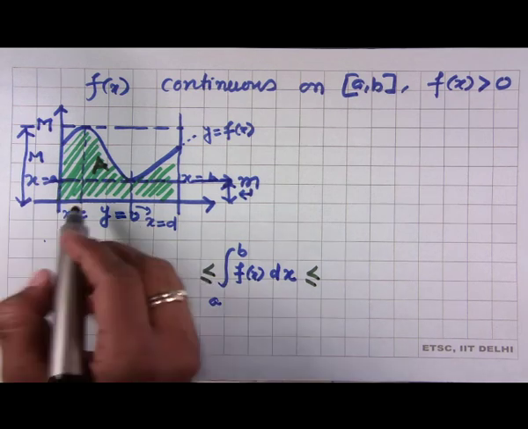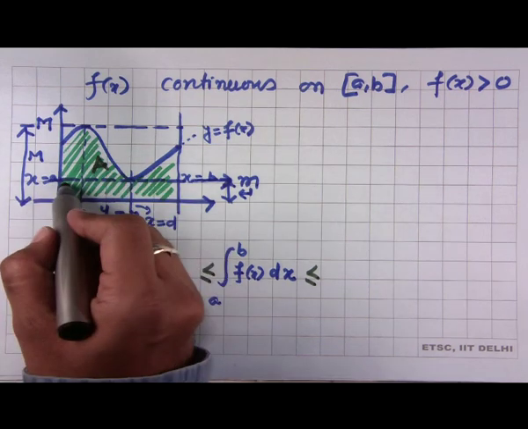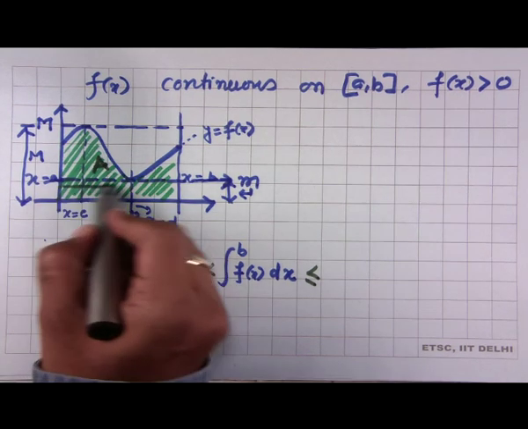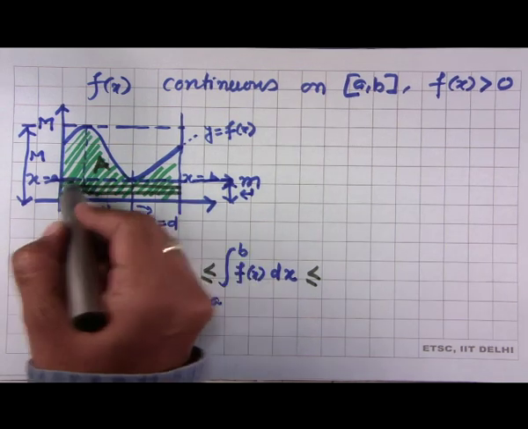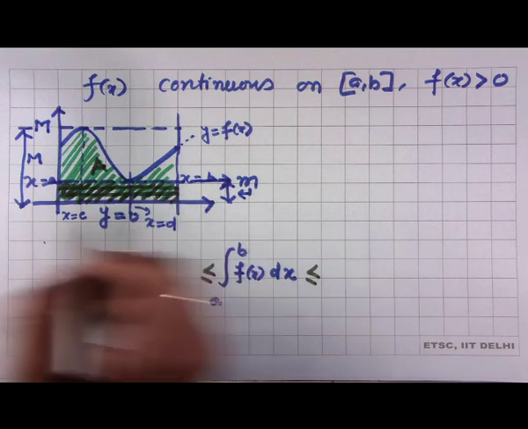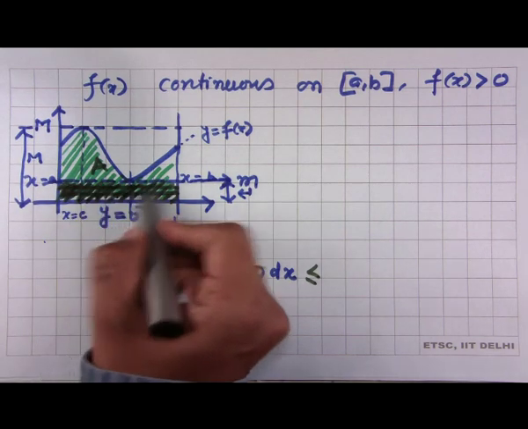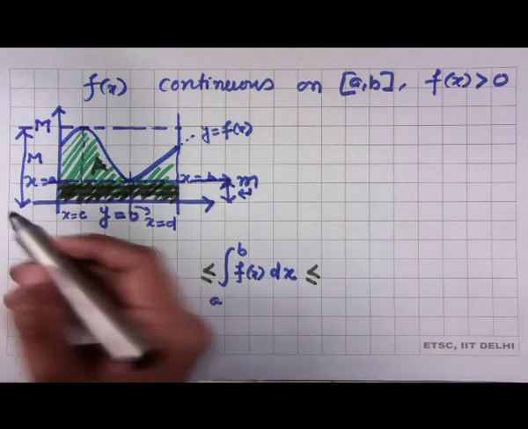So from this plot you can see that the actual area is always greater than this area shaded by black color.